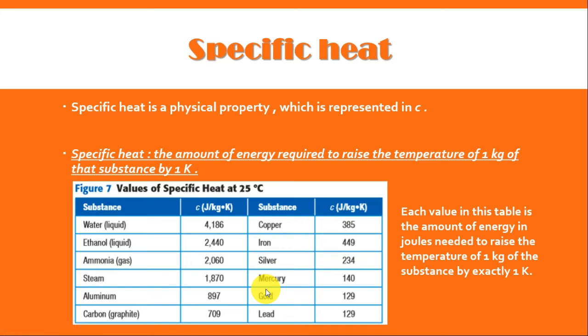Water needs a lot of energy and the temperature of it will increase just a little bit. These are the values for c, specific heat for each material. Each value in this table is the amount of energy in joules needed to raise the temperature of 1 kilogram of the substance by 1 Kelvin.